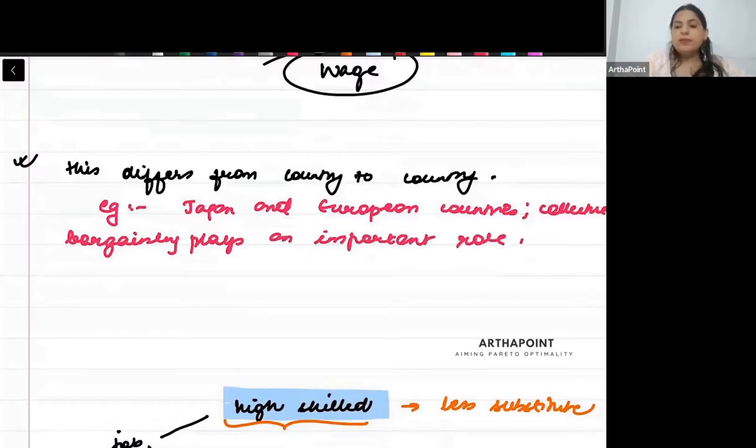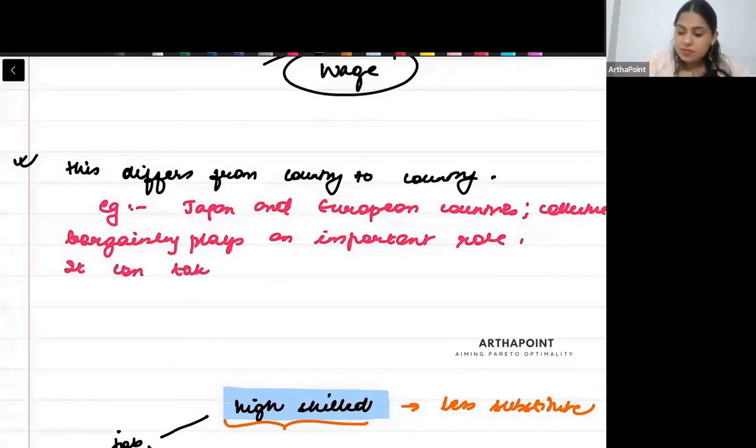And this bargaining that we are doing can take place at the individual firm level. It can take place at the industry level, or it can even take place at the national level. So write down, it can take place at firm, industry, or national level.